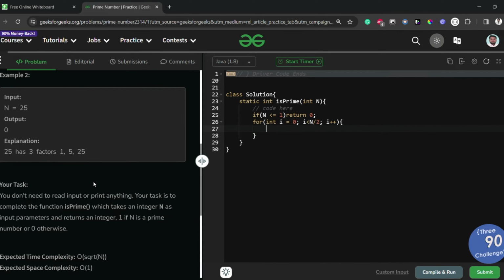Okay, if my number modulo i is equal to 0, at that time I just want to return 0, because a number is divisible only by 1 and itself, otherwise if anyone is divisible, that is not a prime number. Otherwise I have to return 1, which means it is a prime number.